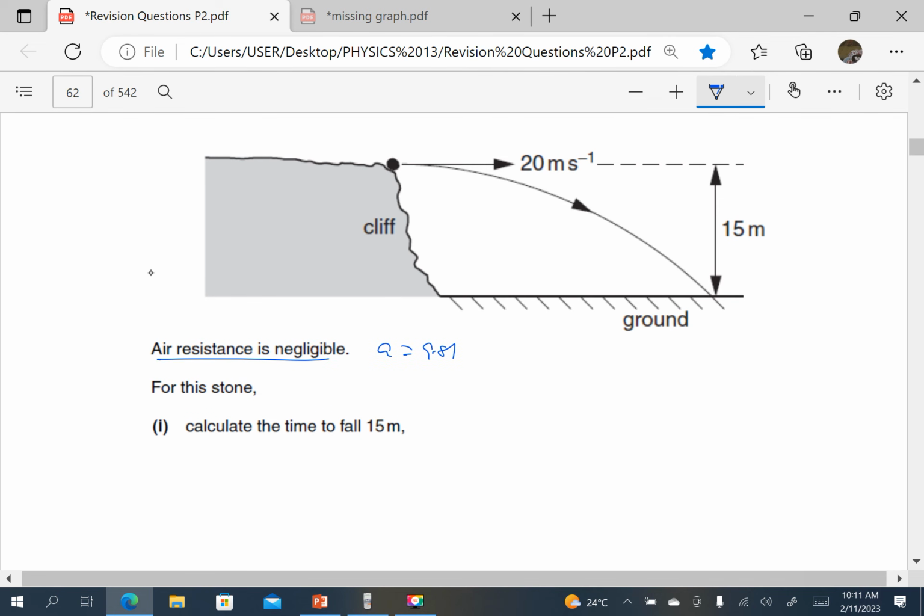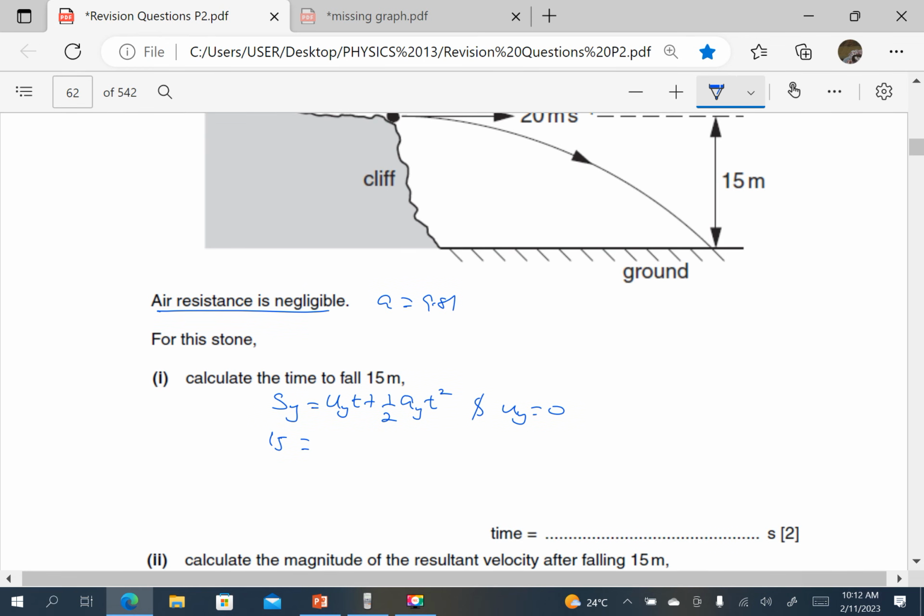So since 15 meters is in the vertical, we shall consider vertical motion and use s in the vertical equals initial velocity in the vertical times t plus a half acceleration in the vertical times t squared. Vertical displacement is 15. Initial velocity in the vertical is 0 because the stone was thrown horizontally. So remain with a half times 9.81 times t squared.